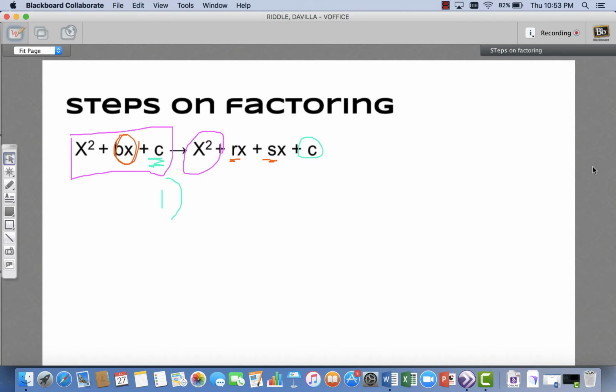So first, we want the two terms to equal x squared.